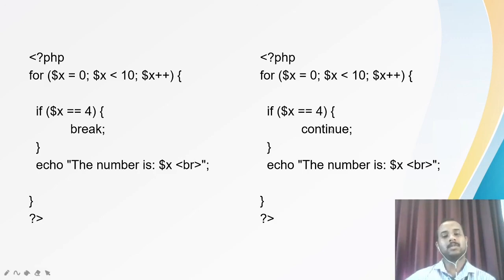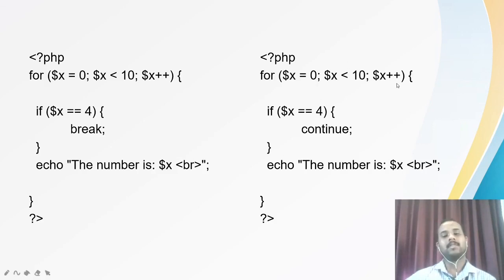That is true, so it will go inside and execute the continue. As soon as the continue is hit, it will stop that iteration and continue to the next iteration. So X will be 5 now. 5 is lesser than 10. Is 5 matched with 4? No, it is not matched. So it will directly come out and the number is 5.